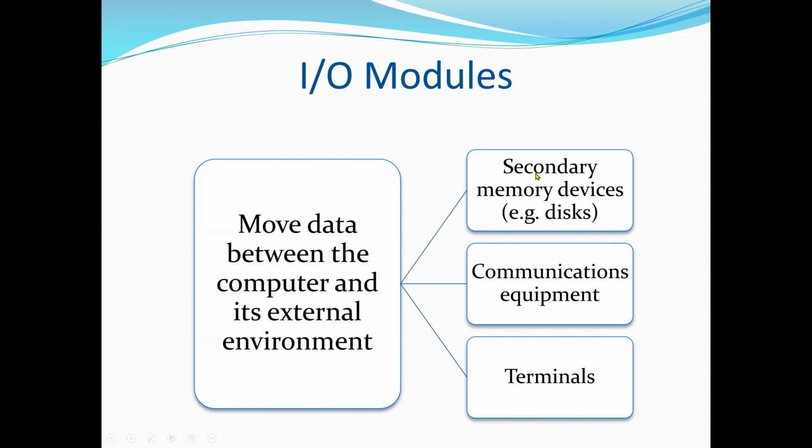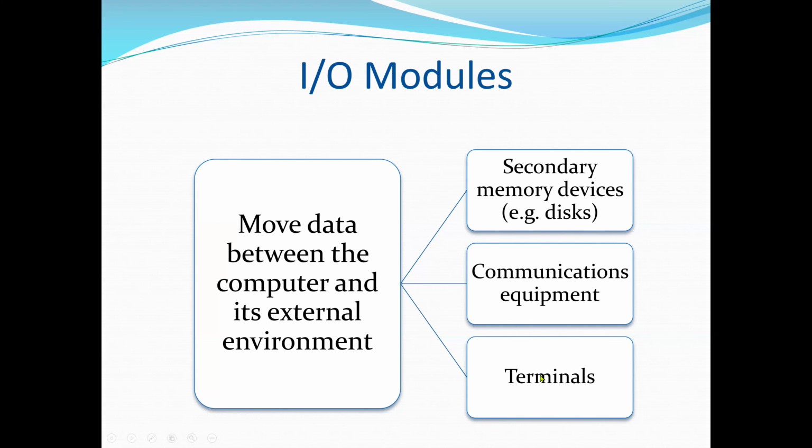For example, here we have the secondary memory devices. This is where data can be stored permanently. Examples would be my hard drive or disk, such as a flash drive, etc., or a CD. Also communication equipment, and also the terminals.